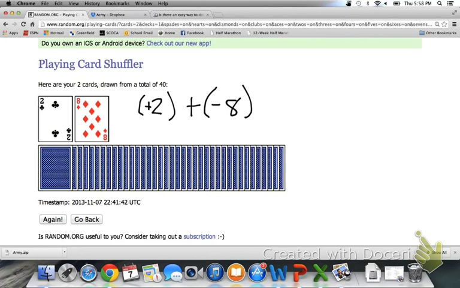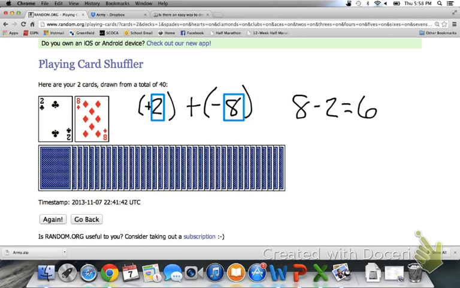So when we're adding different styles of integers, we look at the magnitudes. There's a magnitude, there's a magnitude. We subtract them: 8 minus 2 would be 6. So we should expect this number to be 6 as an answer. But it's either going to be a positive 6 or a negative 6, depending upon which magnitude is bigger. So let's look back at those magnitudes, 8 and 2.